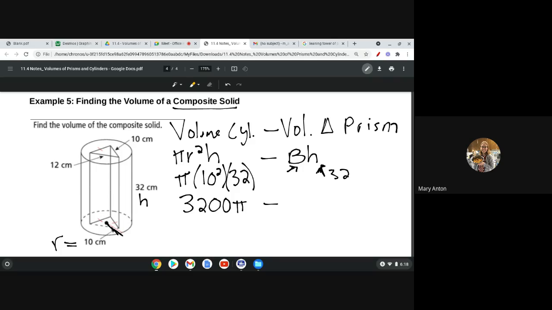So this is going to be 1/2 the base of the triangle, which is 12, times the height of our triangle, which we don't have. We need to find that. The height of the triangle, remember, is like take a triangle, draw a line straight down. It's the altitude. How should we find that?